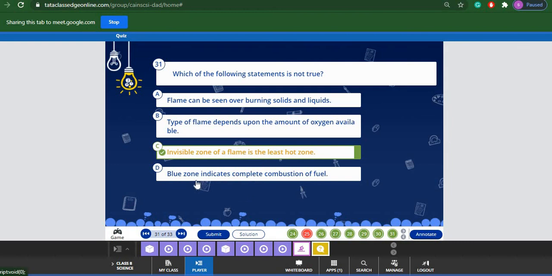And when there is a blue zone, it basically indicates complete combustion of any fuel. And obviously the amount of oxygen always affects the type of flame, so the color of flame will change and it depends upon the amount of oxygen available. Is it clear, all of you? Yes, sir. Okay, very good.